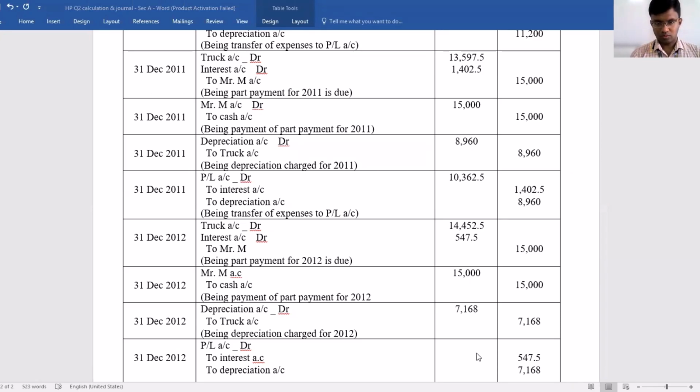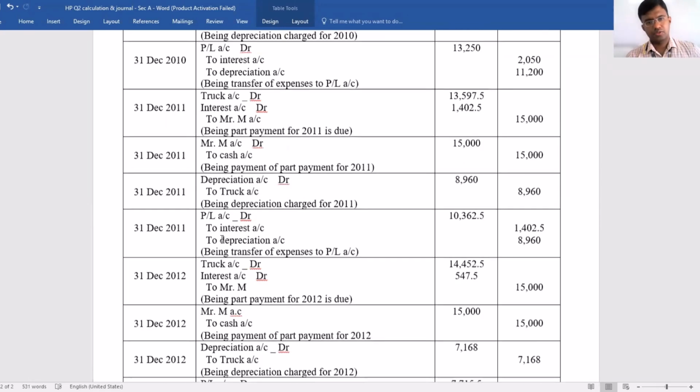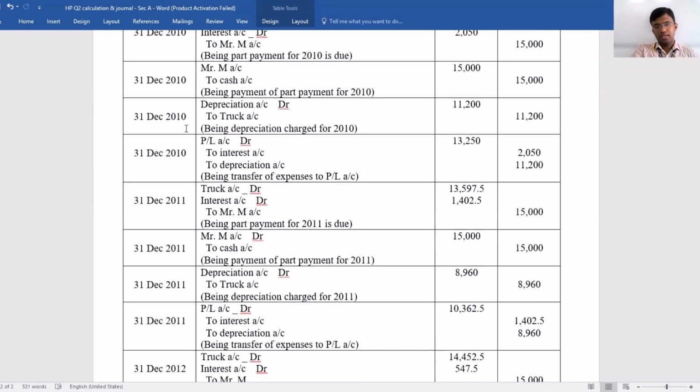So the total will work out to be 7,715.5, being transfer of expenses to profit and loss. So with that, we have computed the expenses. We have completed the journal entries for these 3 years.